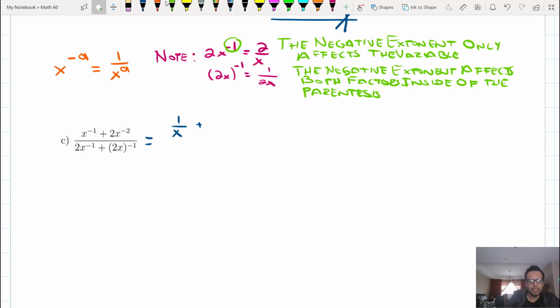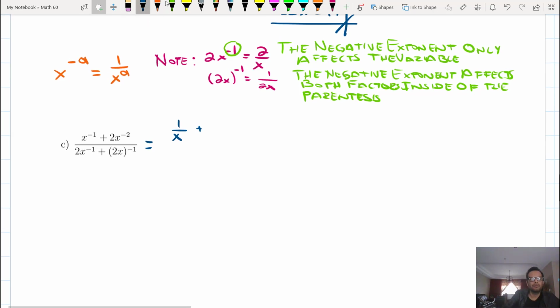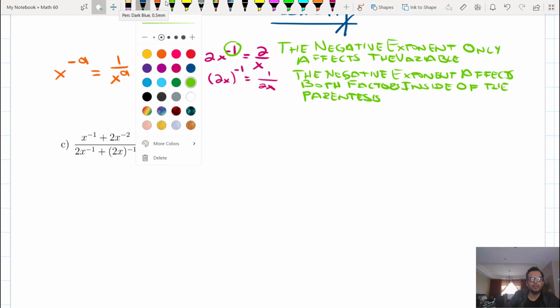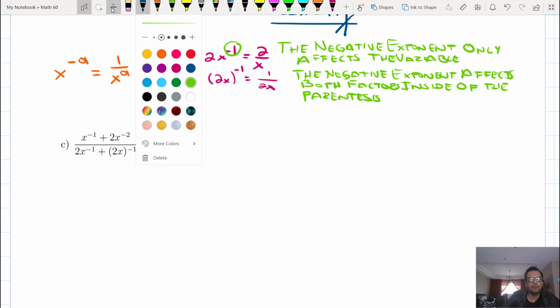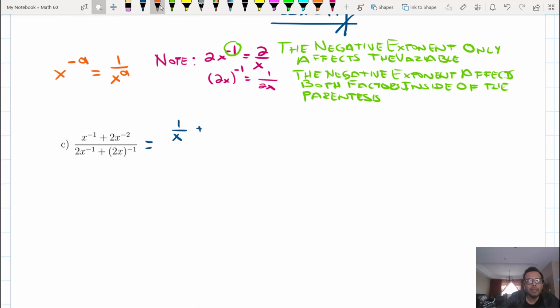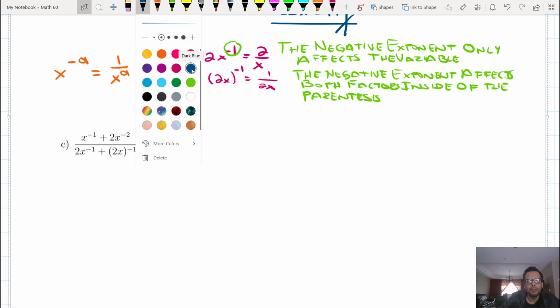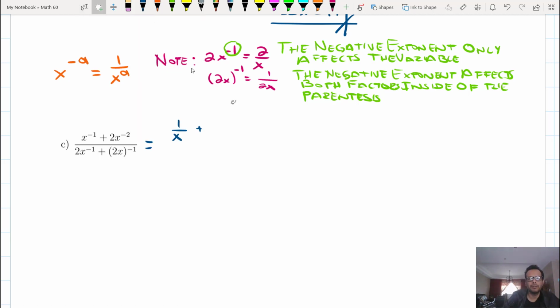So in this case, we are going to have the quantity 2 divided by x squared.